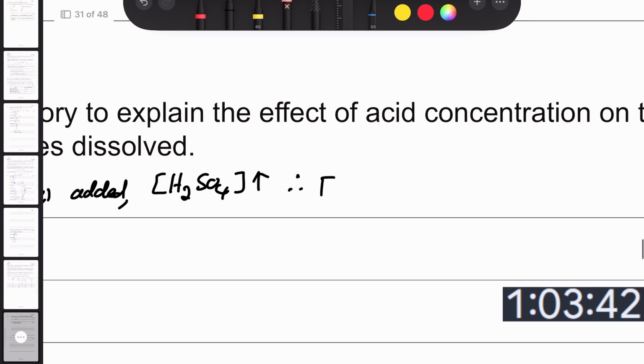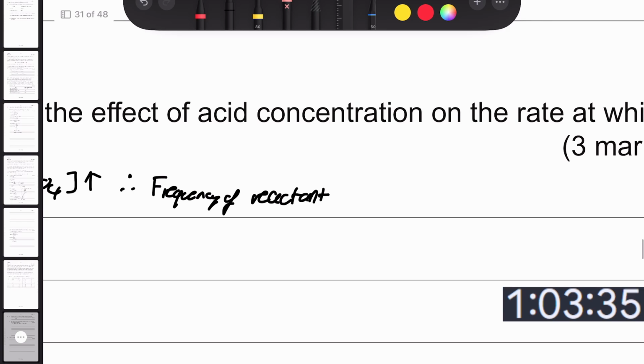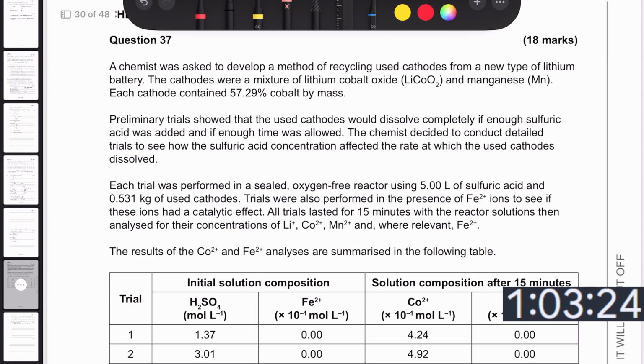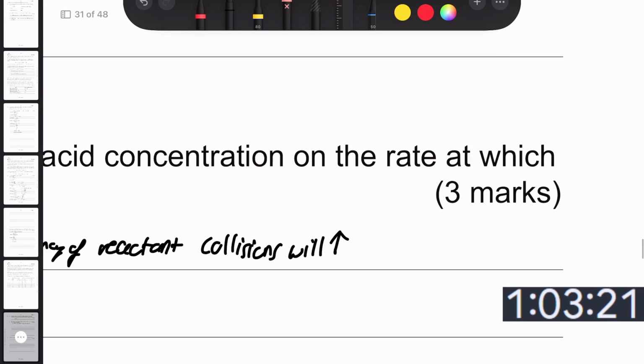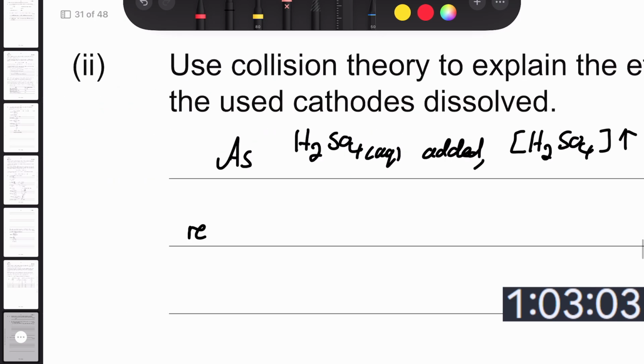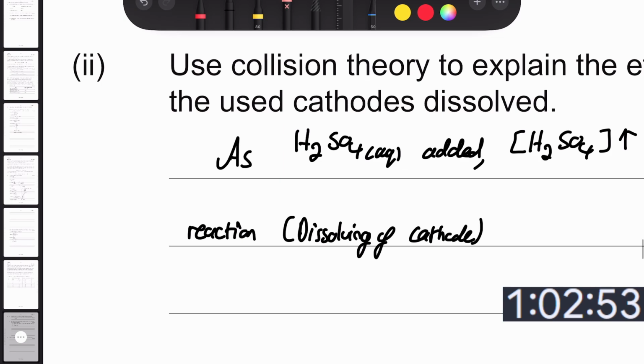Therefore, the frequency of reactant collisions increases. Therefore, the reaction rate of the forward reaction, which is the dissolving of cathode, will also increase.